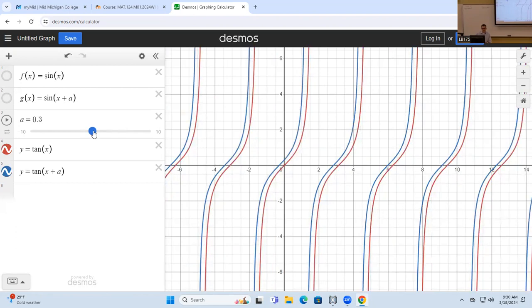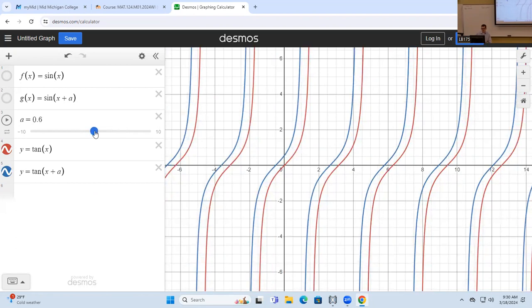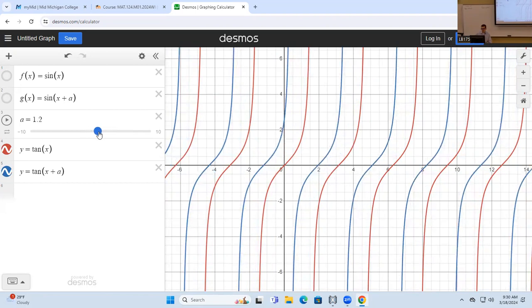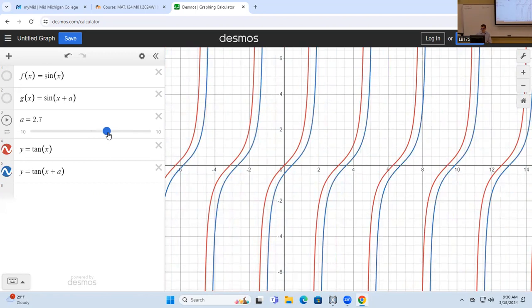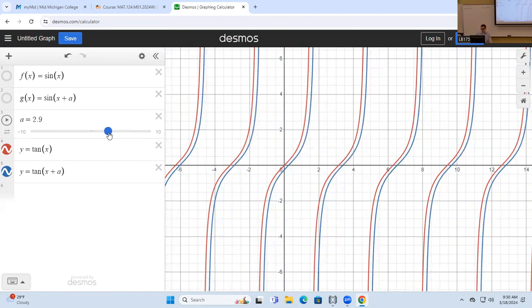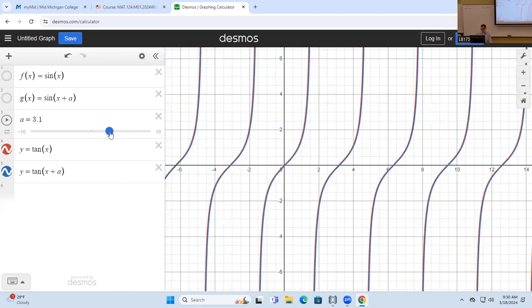If I shift it over 1 unit, 2 units, 3 units, 3.1, almost there, right? So notice that tangent, yes, it has a period of 2 pi, but the fundamental period is pi.